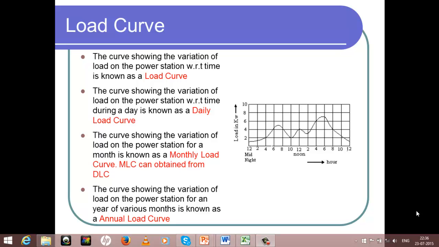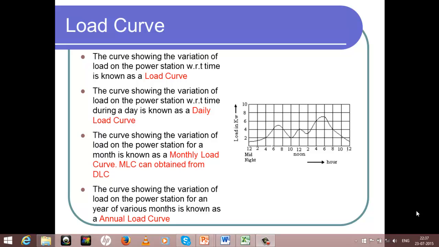This load curve we can draw on a daily basis, or a weekly basis, monthly basis, or even for a year. If we draw for a complete 24 hours, then this will be a daily load curve. If it is for 24 into 30 days, then that will be a monthly load curve.